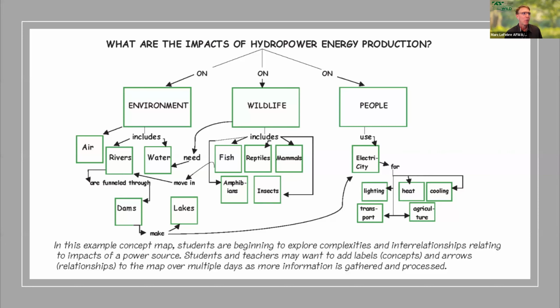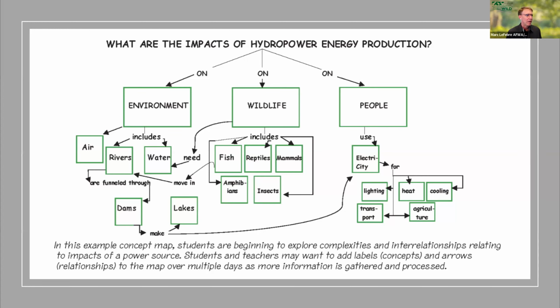But you can pick one thread, for example, at the top and ask, what are the impacts of hydropower energy production on, let's pick the environment. And the environment includes these various aspects, air, water, rivers, and you could add many others, right? And the impact on the environment, which includes rivers.